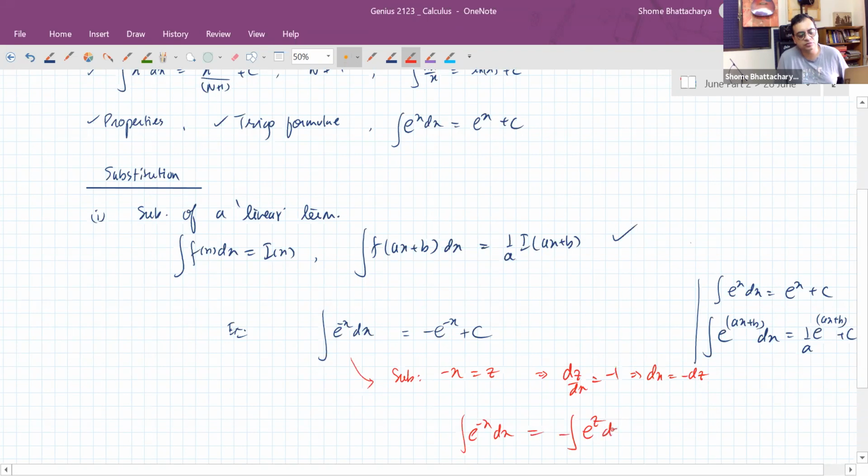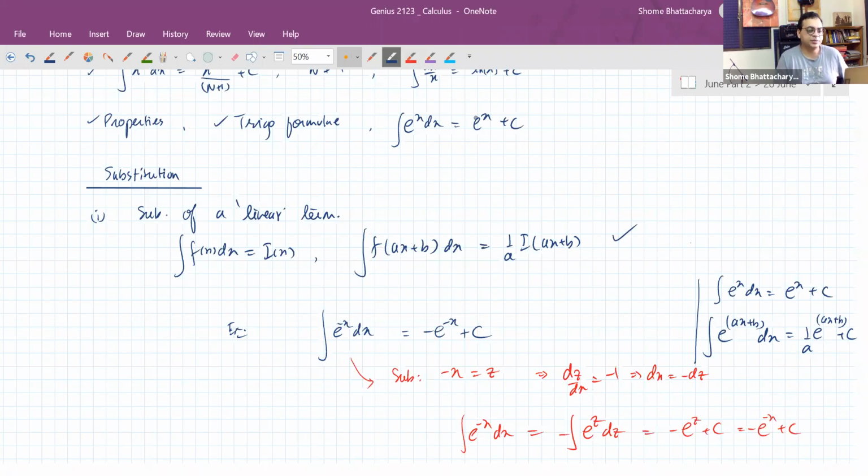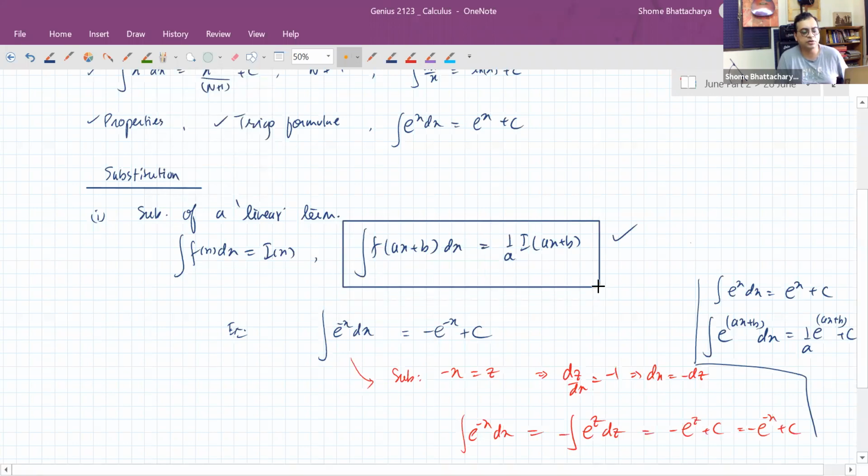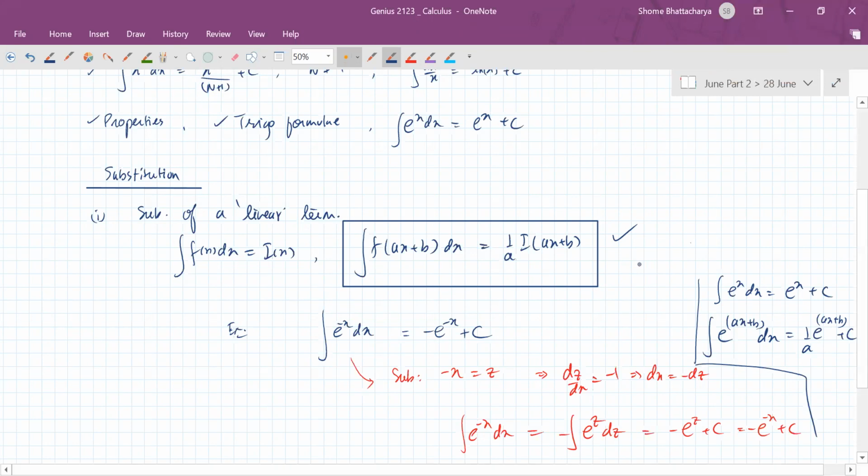So it becomes minus of e raised power z plus c, and that is equal to minus of e raised power minus x plus c. So that is the proper step-by-step method of it. But for linear functions, we don't need to apply the steps always. For linear substitutions, we can just apply this direct formula. So hope this is clear, Dhruv. Yes, sir. Clear.